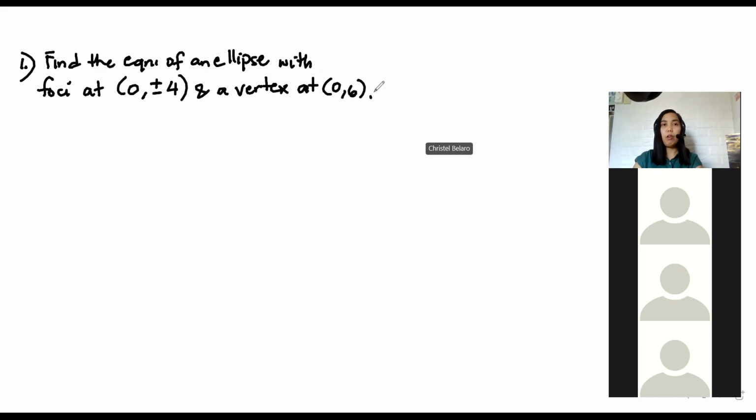All right, so we're going to find the equation of an ellipse with foci at (0, ±4) and a vertex at (0, 6).